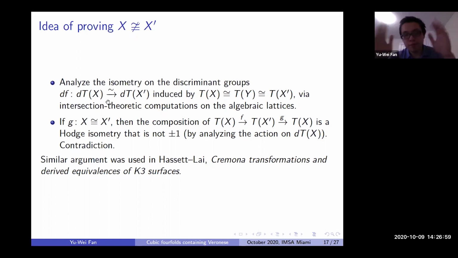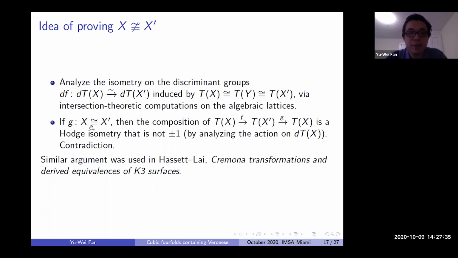So first we can transform this map to a map between the discriminant groups of a certain algebraic lattice, and then we can use some intersection theoretic computation on the algebraic lattice to understand this map on the discriminant group. And it turns out that this map is multiplication by 9 on the group Z20. Now assume the contrary, that X and X prime are isomorphic.